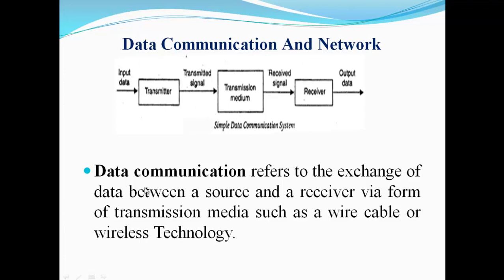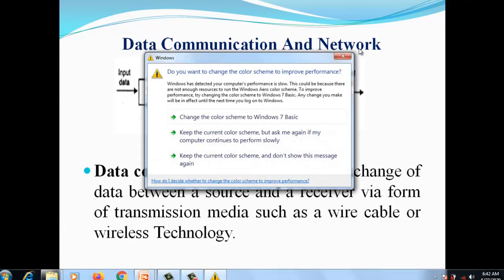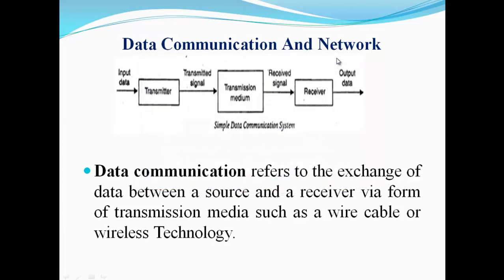Here one brief definition is also given. Data communication refers to the exchange of data between a source and receiver via a form of transmission media such as a wire cable or wireless technology.